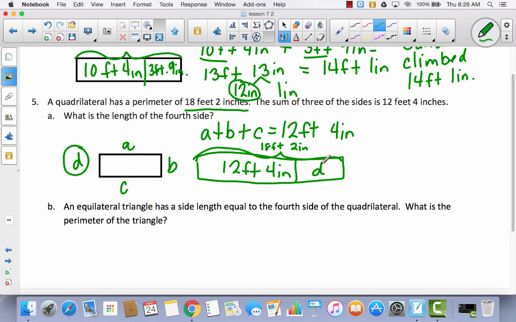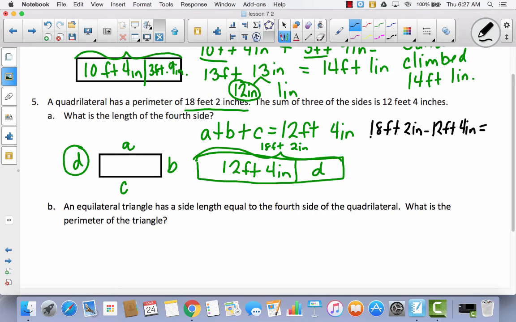How would I solve for D? I would subtract, right? So let's write our subtraction problem. So I've got 18 feet, 2 inches minus 12 feet, 4 inches. I want you to try to solve this problem all by yourself and then come back and let's check together.